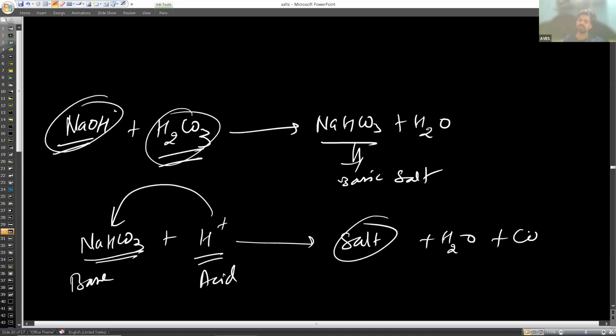Second, when metal hydrogen carbonate or metal carbonate reacts with acid, they give you carbon dioxide plus salt plus water. That means the first role of tartaric acid is that it neutralizes the bitter taste. The second role is that tartaric acid helps in production of carbon dioxide, because when sodium hydrogen carbonate or any metal hydrogen carbonate reacts with acid, it will give you salt plus water plus carbon dioxide.